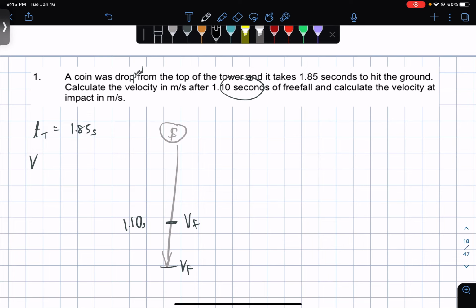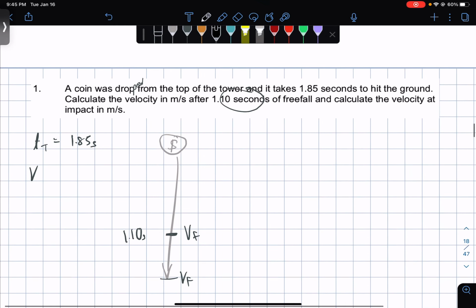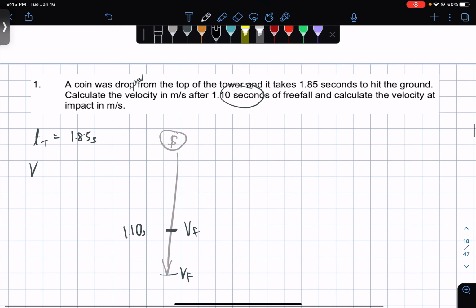Shoot, it's been a long time since I've solved these kinds of problems. Well, there is no force in terms of going down. So when falling, the Vi is supposed to be 0 meters per second.